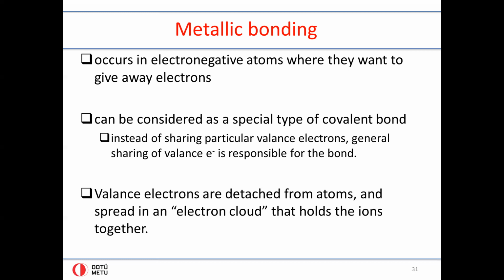This is what's referred to in earlier classes as the electron pool. So the whole valence electrons are shared. There is a greater amount of electrons that are involved with the electrons from neighboring atoms. But this is kind of similar to electron sharing in the covalent case, but like a special case of it.